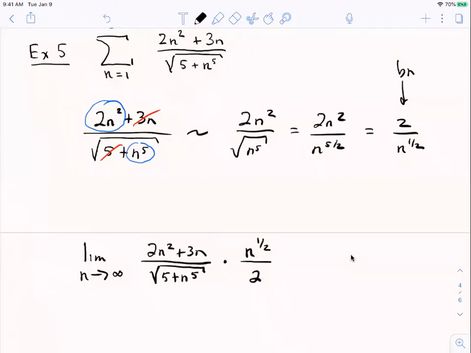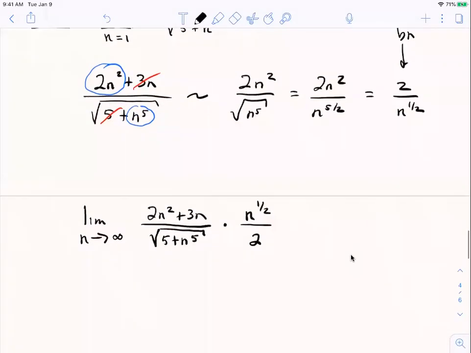And then let's just see algebraically what we get here. So this is the limit as n goes to infinity. If we distribute that n to the 1 half through the numerator, n squared times n to the 1 half is n to the 5 halves. n to the first times n to the 1 half is n to the 3 halves.